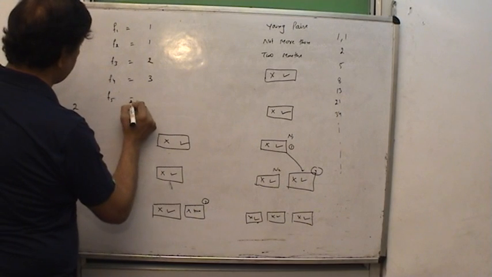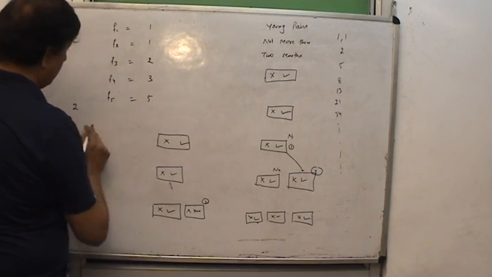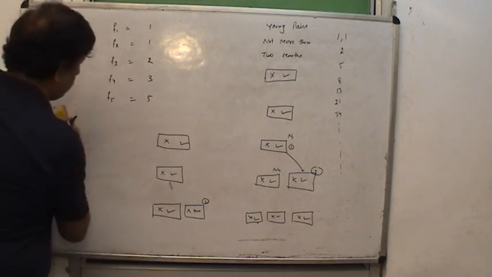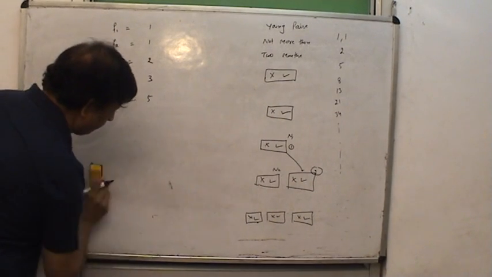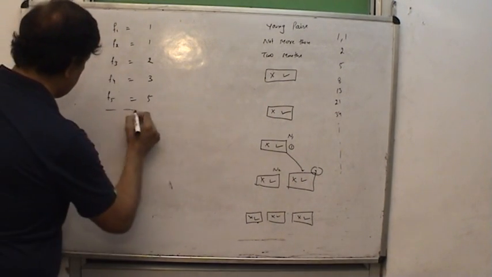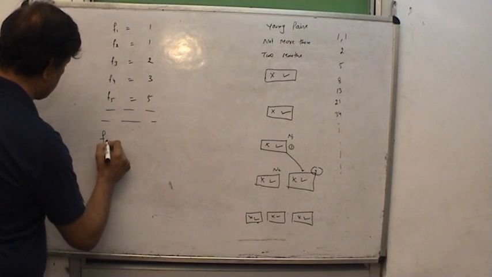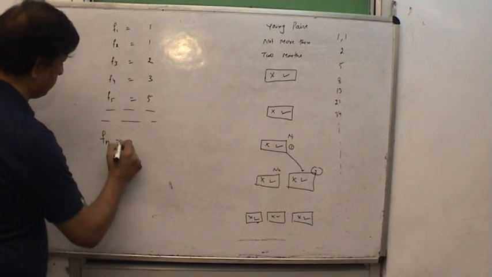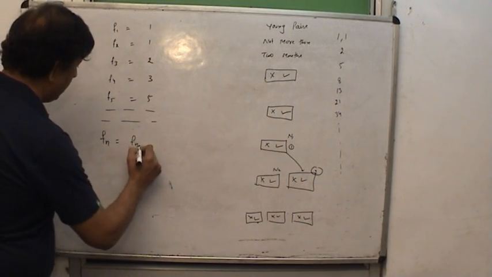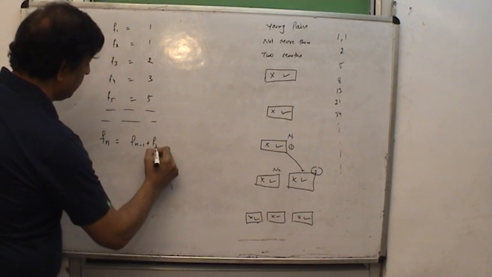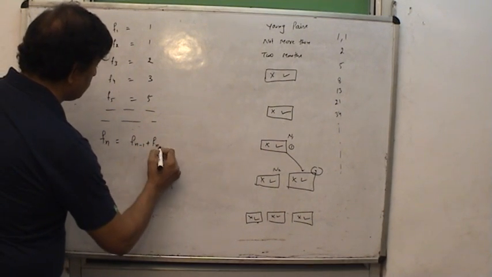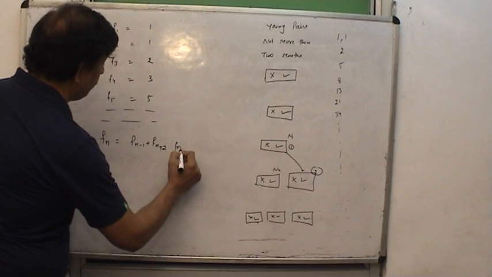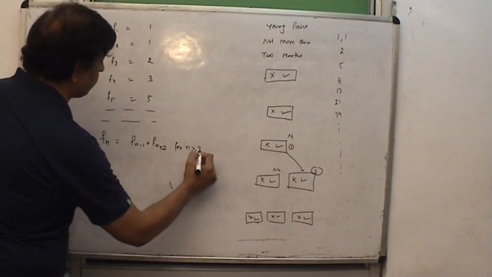And fifth number of the sequence is 5. And so on. We will continue increasing this problem. Then at last we generalize: f n is equal to f n minus 1 plus f n minus 2 for n greater than or equal to 3.